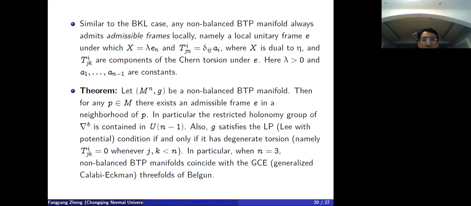So in particular, in dimension 3, non-balanced BTP just coincides with his so-called GCE manifolds, which he called generalized Calabi-Eckmann. He gave a rough classification of it, but it's not really a classification. It's basically a description.